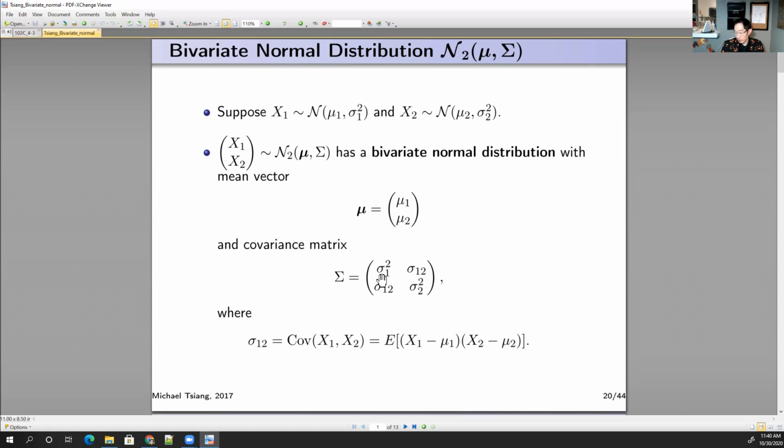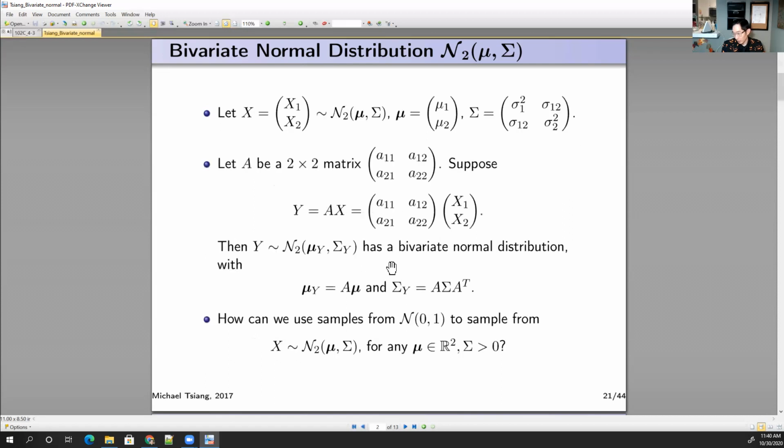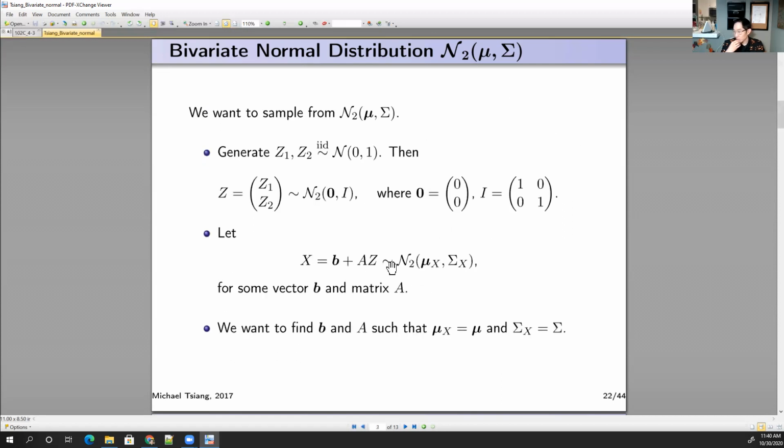When you start off with two independent standard normal variables, there's no covariance term, but can we apply some kind of transformation and end up with this? So this is what we want to do.